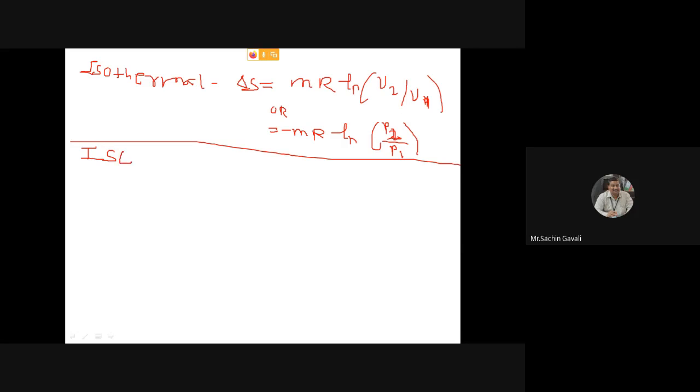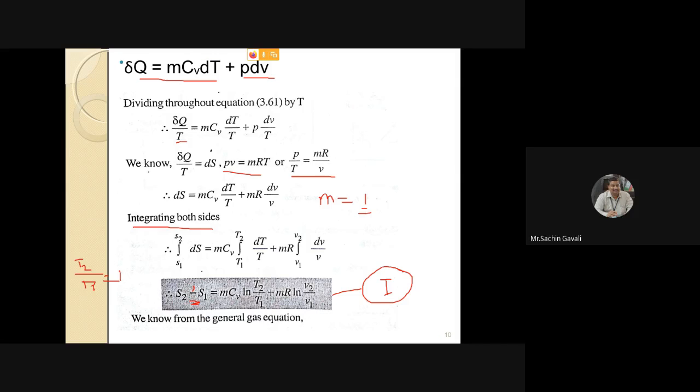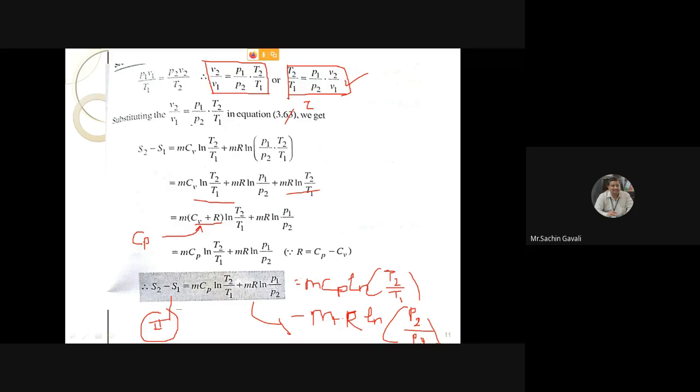Write down this with me. Isobaric condition. What is delta S coming for the isobaric condition? Isobaric means P2 is equal to P1. Similarly, P2 upon P1 will become 1 and ln of P2 upon P1 will become 0. Since pressure is constant, in the second equation this term will become 0.